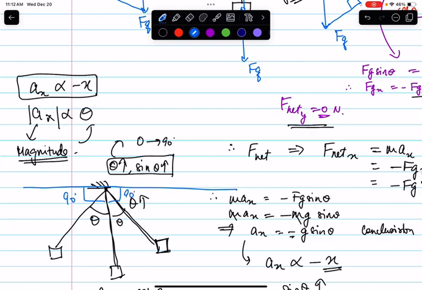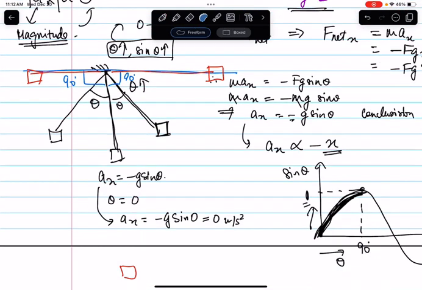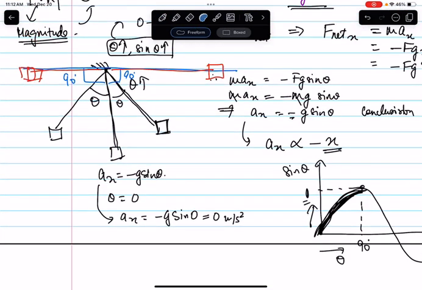Okay? So that's why, if you see this pendulum, the maximum displacement this pendulum can make is this way. This is the maximum it can go because theta is 90 degrees over here.